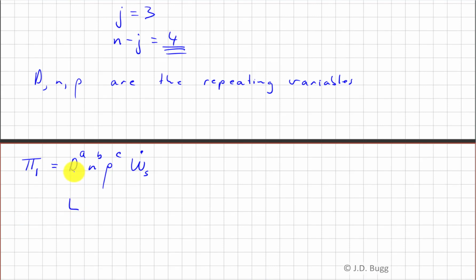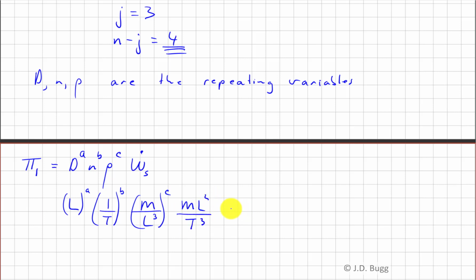So the dimensions of diameter is length, raise that to the power A. The dimensions of the speed is 1 over time, raise that to the power B. And the dimension of density is mass over volume, raise that to the power C. The dimensions of the power is M L squared over T cubed.